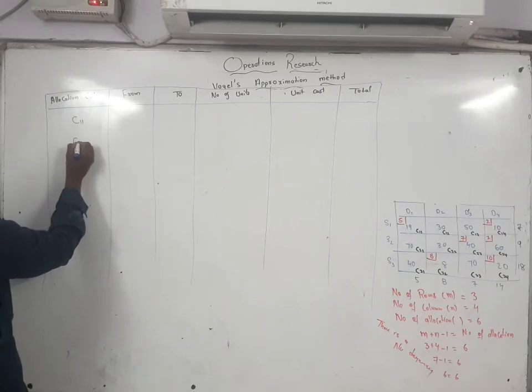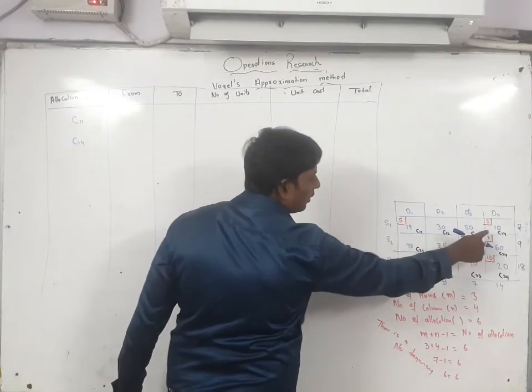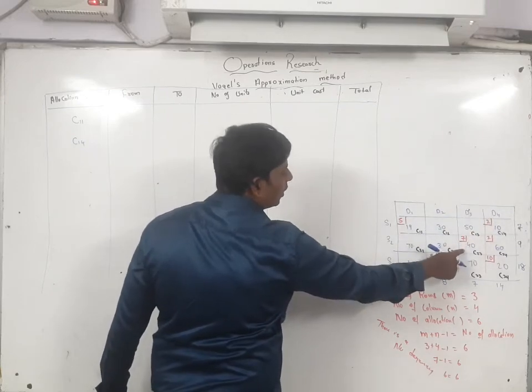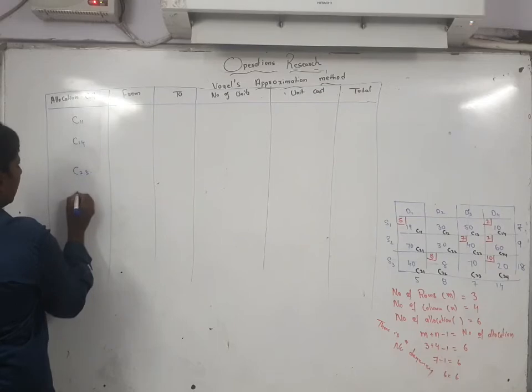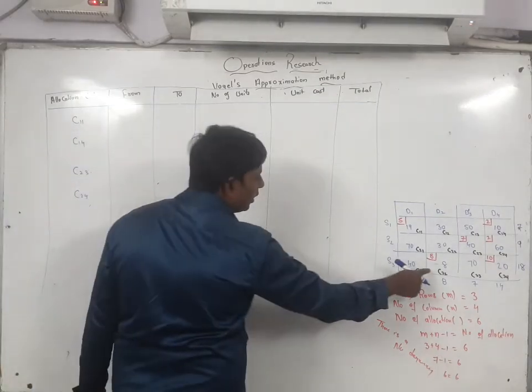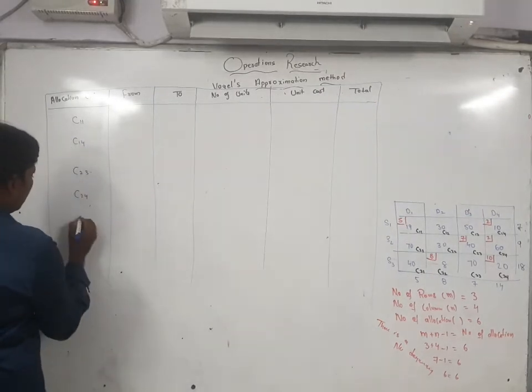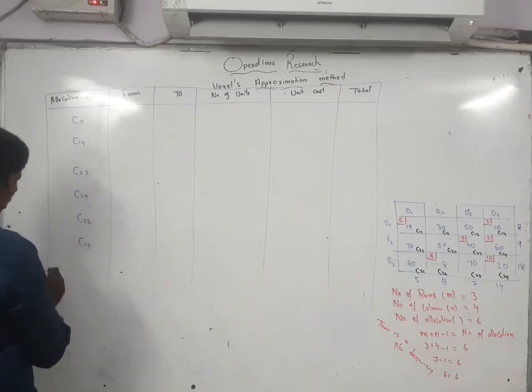Next one is C14. Next one is C23. Next one is C24. Next one is C32. Next one is C34. Like this you have to write down.